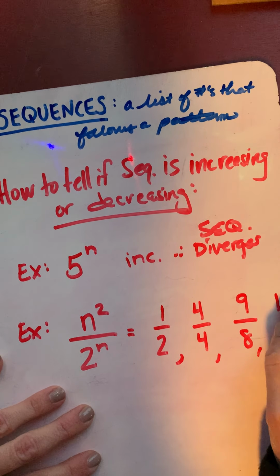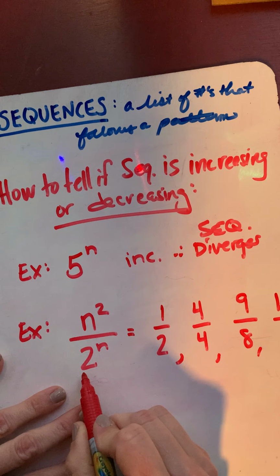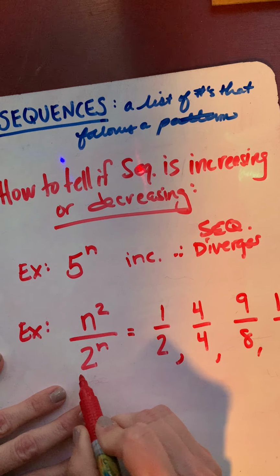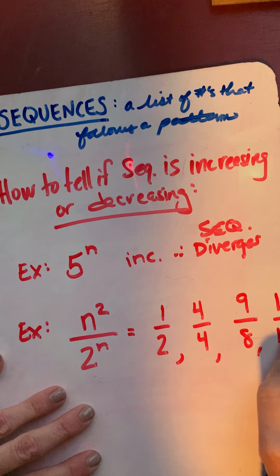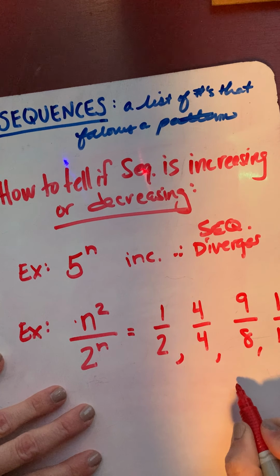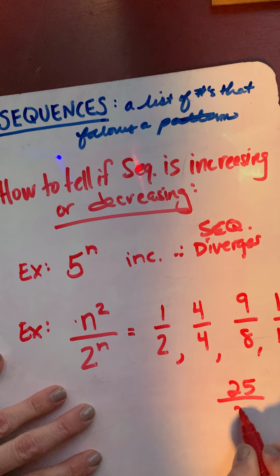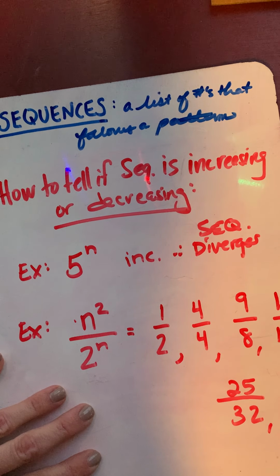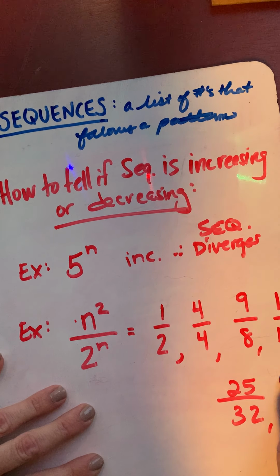Plug in 4, I'm going to have 16 over 16 again, right? Plug in 5, I'm going to have 25 over 32. Plug in 6, I'm going to have 36 over 64.